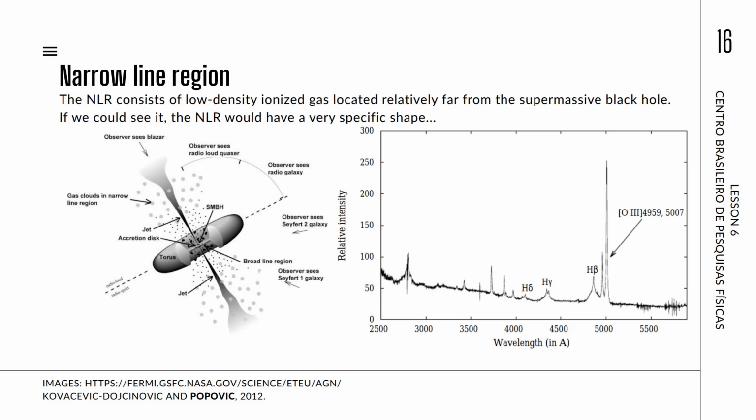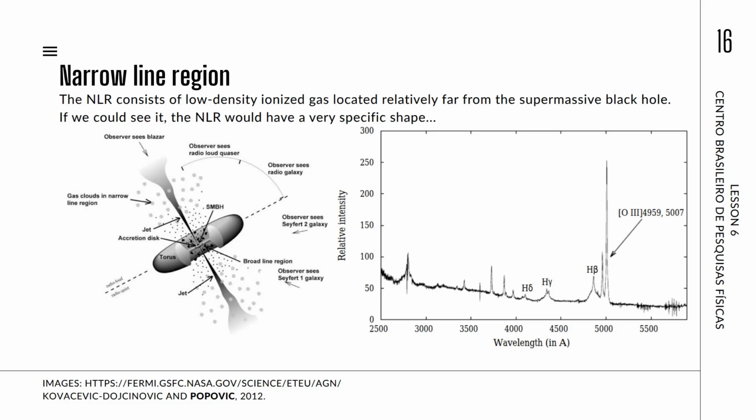Now, there is some clever way of seeing the narrow line region. Here we have the spectrum of an AGN, where this is a type 1, but it doesn't matter if it's a type 1 or 2, we can do the same.